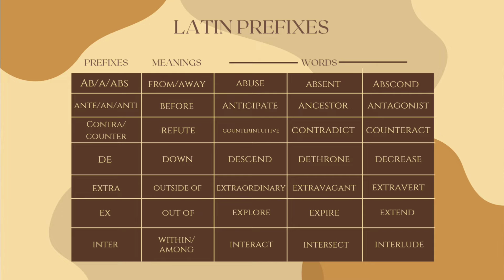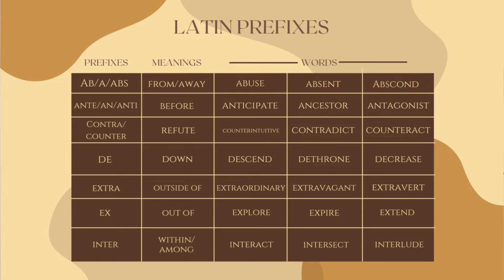Again, this is very similar to for that we learned, but this indicates someone who is first in a certain set of people. Now, anti, A-N-T-I, indicates a person or a thing or an event that occurred before a list of other events.